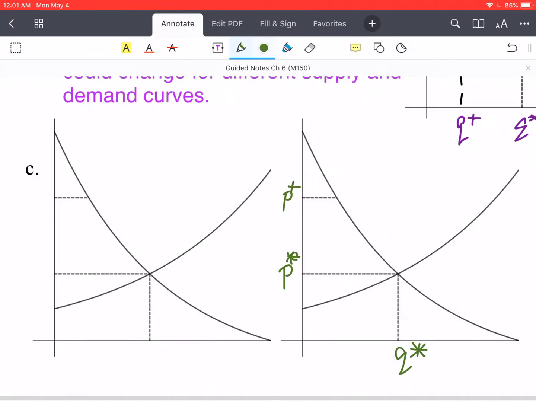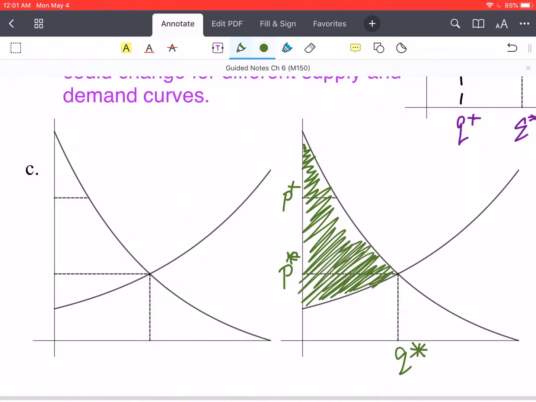It would look like this. It would be the area beneath the demand curve and above the supply curve. So just the area between those two curves. So ordinarily, that would be our total gains from trade.